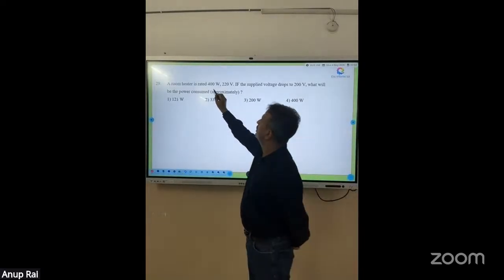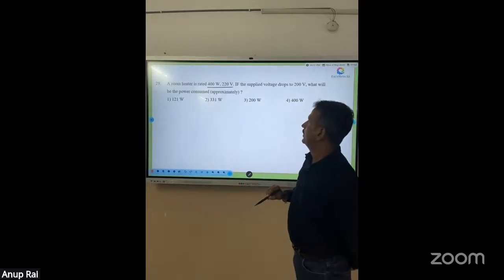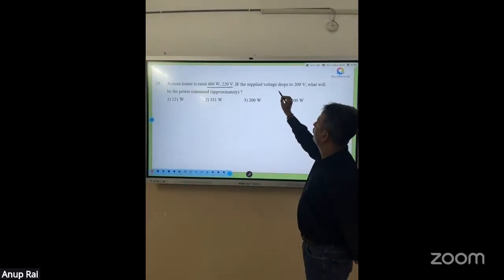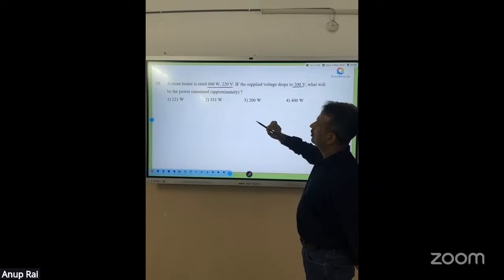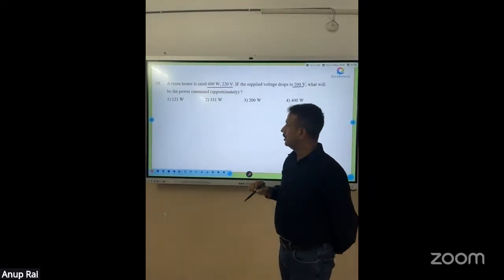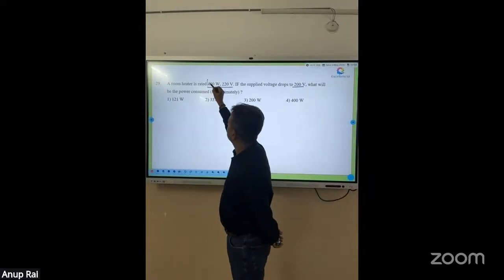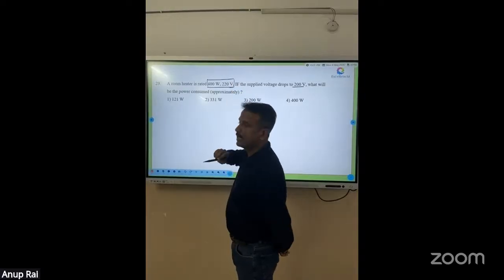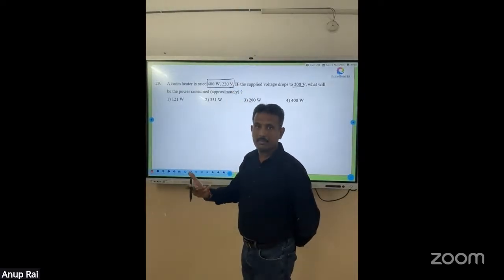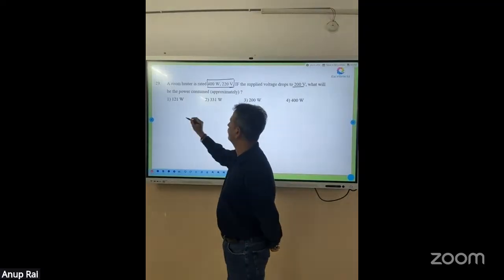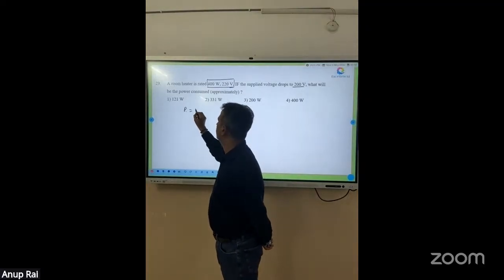A room heater is rated 400 watt, 220 volt. If the supplied voltage drops to 200 volt, what will be the power consumed? You know, these ratings give an idea about the resistance of that coil or bulb or heater, anything. So how to calculate that? We know that R is equal to V square by P, right?